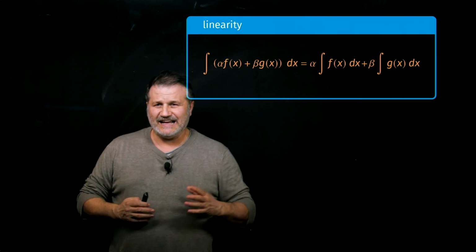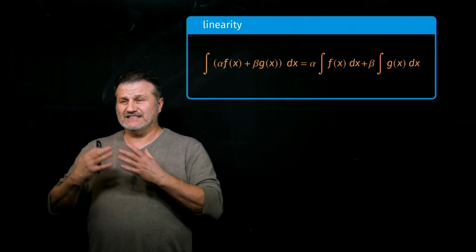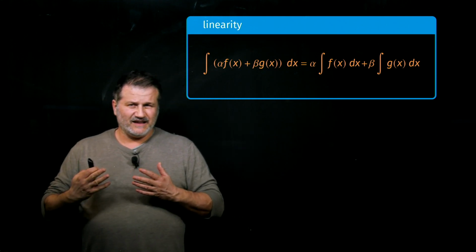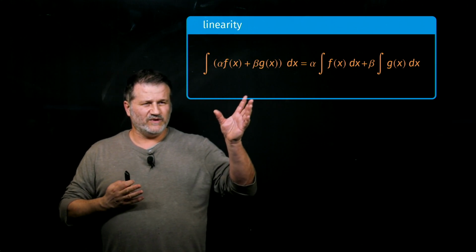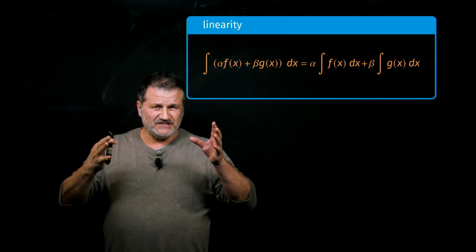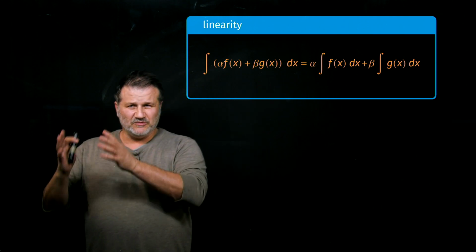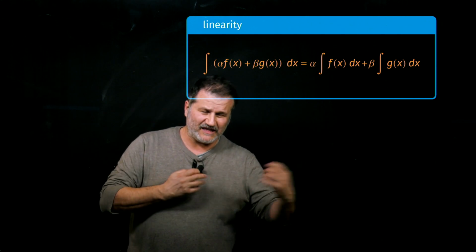Now, let's enlarge a bit our ability of computing primitives. The first remark is to observe that as for derivative, also primitive is a linear operation. Linear is a property that we say when we have an operation that takes a linear combination of objects and says that the operation of the linear combination is the linear combination of the operations.